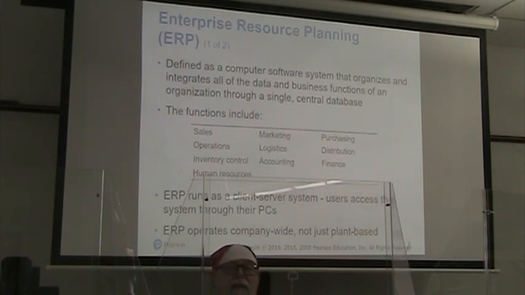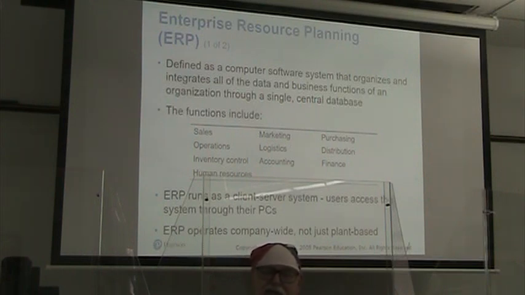Our enterprise resource planning, or ERP, is a computer software system that organizes and integrates all of the data and business functions of an organization through a single central database.